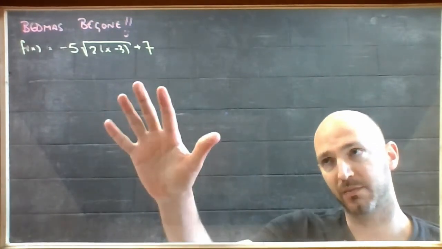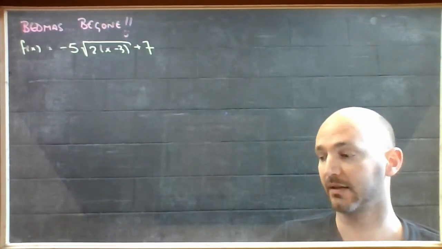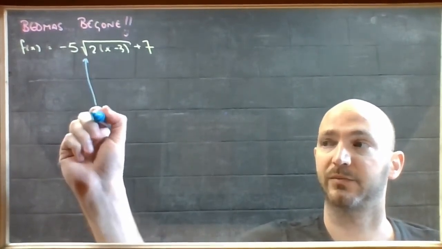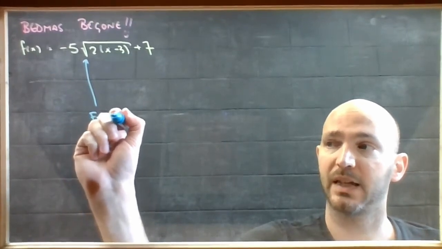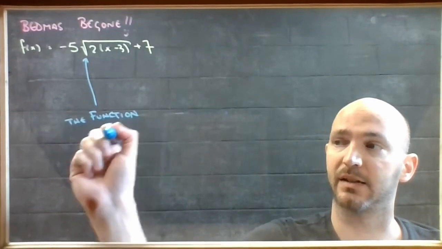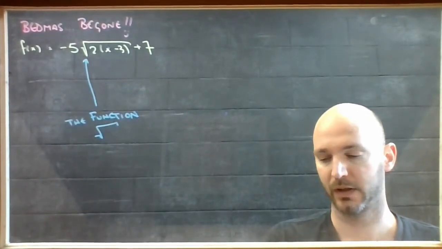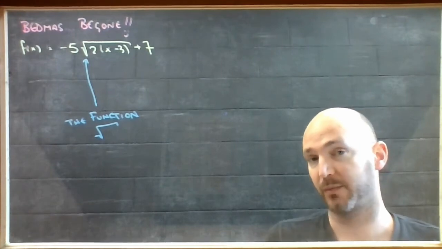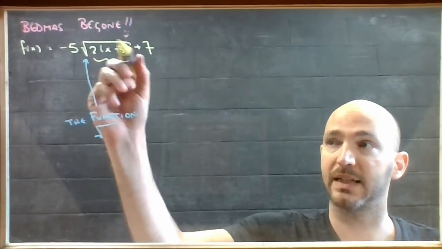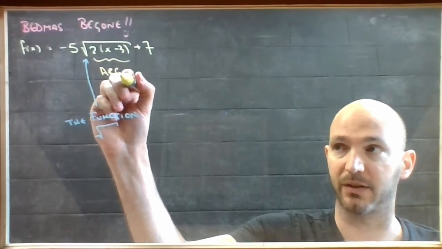So in this particular example I have up there, there are 3 pieces to this. The first one, and the most important one, is the function itself. In this case, the function that we're dealing with is the radical operator, so a square root. The next most important piece is everything that is inside of the function, which is called the function's argument.